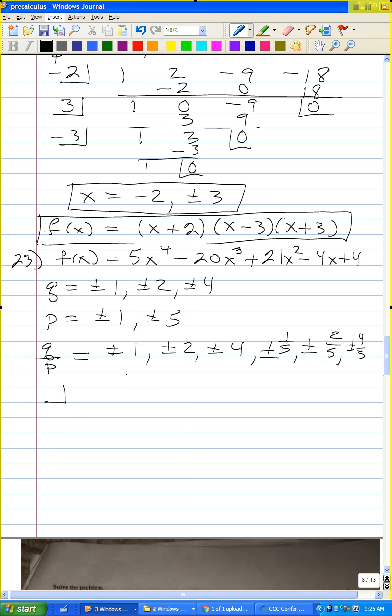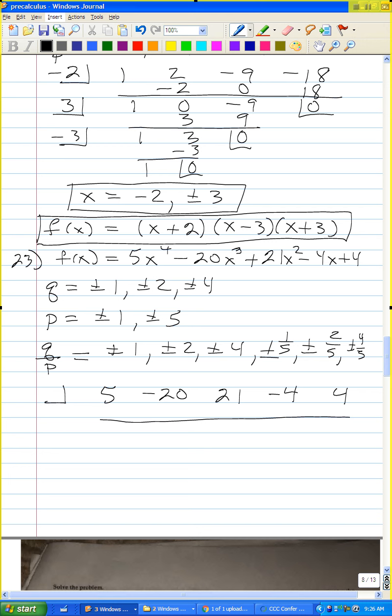So 5x to the 4 minus 20 plus 21 minus 4 plus 4. It almost looks like one of the fifths.